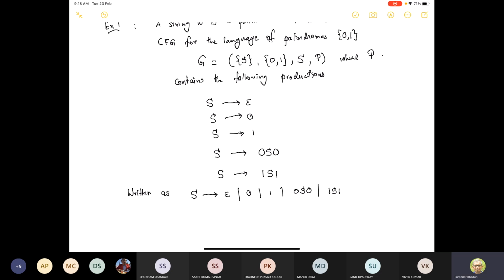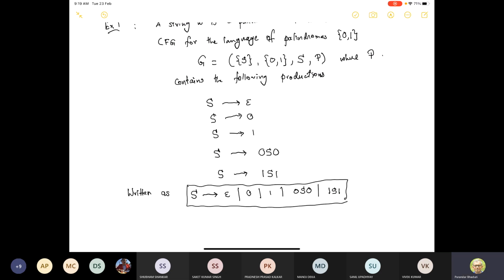So that is a compact way of writing the same set of productions, right? So these bars are separators, okay? And instead of using so many arrows, you just use one arrow. So henceforth, we'll be using this kind of notation, okay?